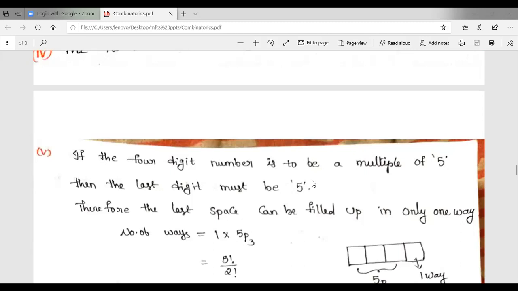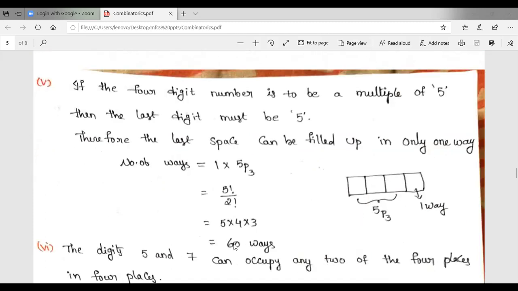So the only possibility is one way, and the remaining 3 places are filled with the remaining 5 digits. So 1 into 5P3, which is 5 factorial by 2 factorial, is equal to 60. So the numbers that are multiples of 5 are 60 numbers.